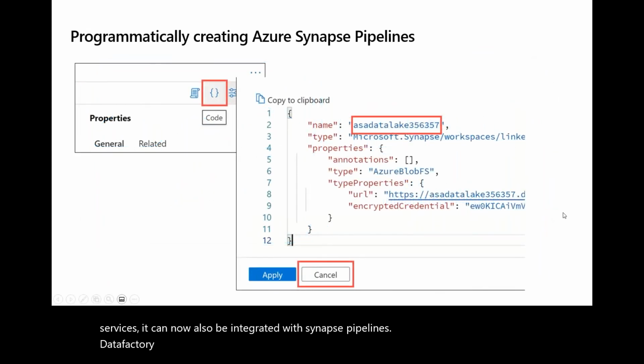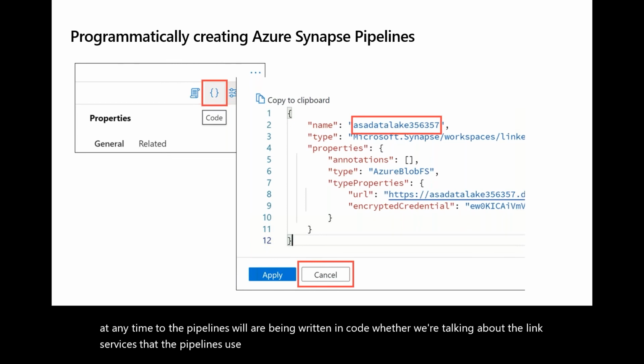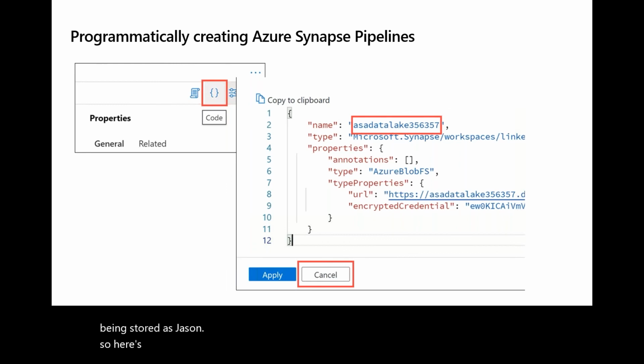At any time, too, the pipelines are being written in code, whether we're talking about the linked services that the pipelines use or the pipelines themselves. Underneath the covers, they're still being stored as JSON. So here's the declarative form of a linked service, ASA data lake, the type, the properties, etc., defined in JSON in code.